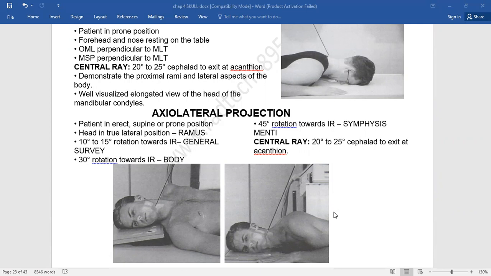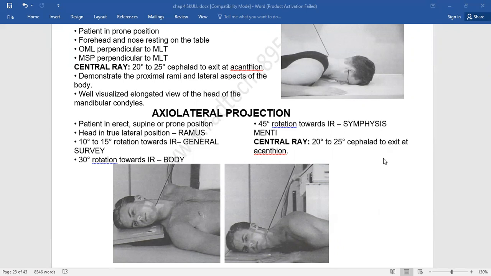To demonstrate the body of the mandible, the head is rotated 30 degrees towards the IR. And for demonstration of symphysis menti, so the rotation is 45 degrees towards the IR. So yung rotation ng head, depende kung ano yung ating area of interest.